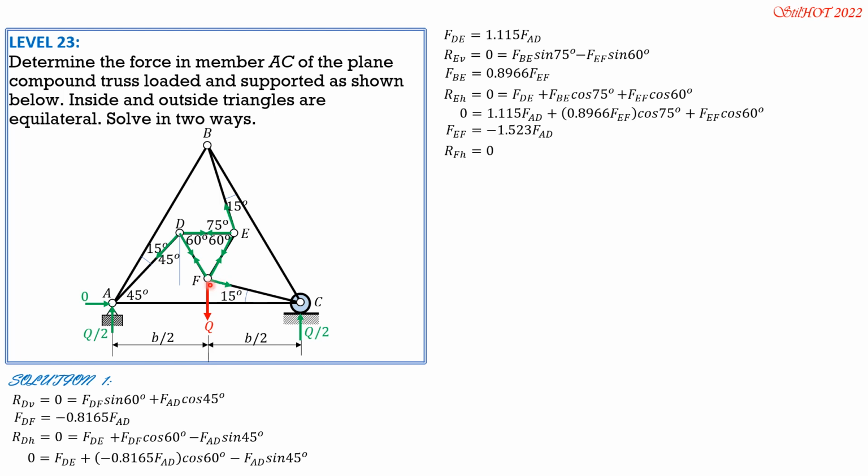So let's begin with FCF. FCF cosine 15, positive to the right. The angle it makes with the horizontal is 15. That's why its horizontal component is FCF cosine 15 plus FEF cosine 60, because the angle it makes with the horizontal is 60. Then minus FDF also cosine 60.